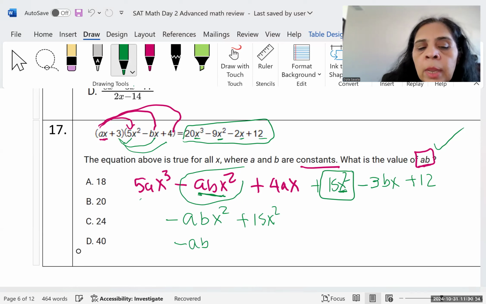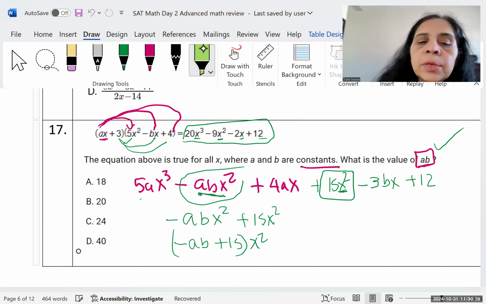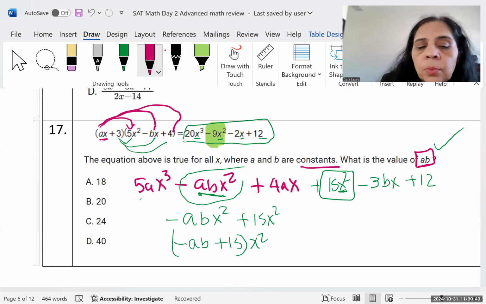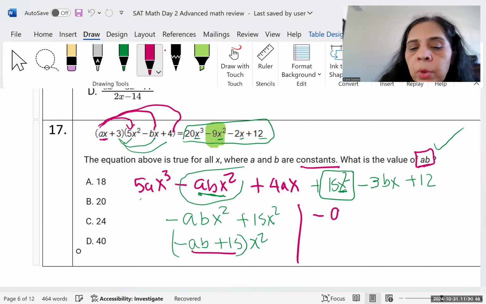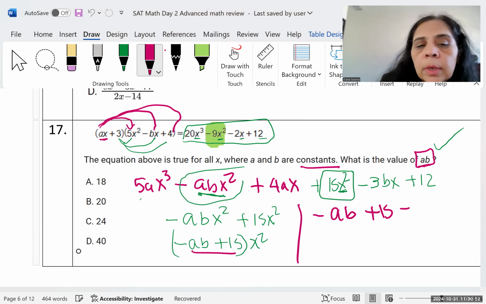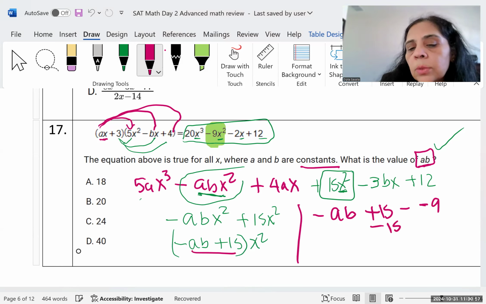So negative ab plus 15 times x squared. Now you can check the x squared coefficient, what is it, negative 9. So we can compare the coefficient and make the equation equal to negative 9. And then we can solve for ab. So subtract 15, and then you divide by negative 1. So the answer is 24.